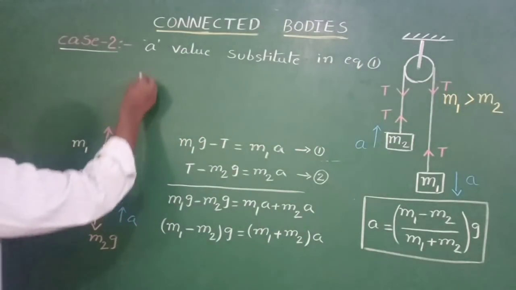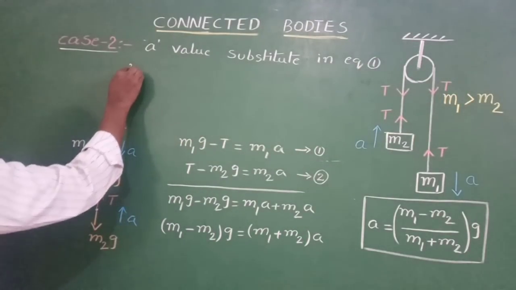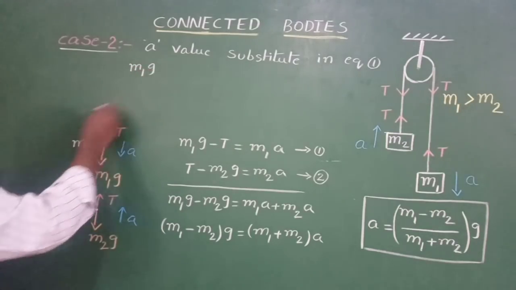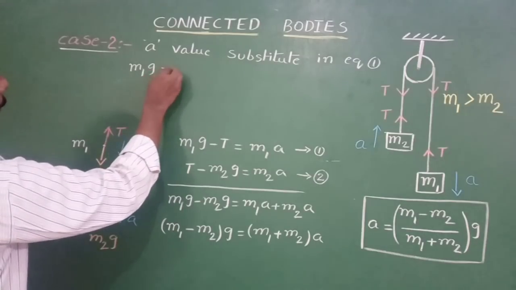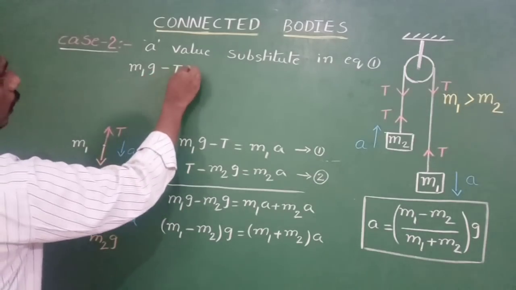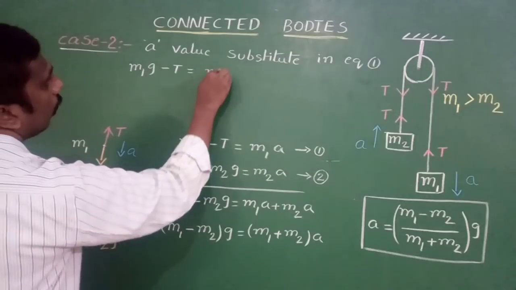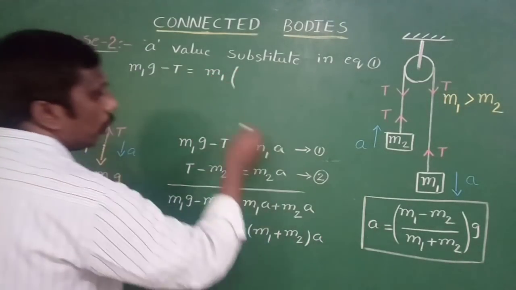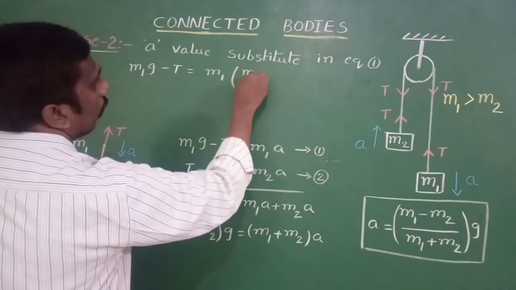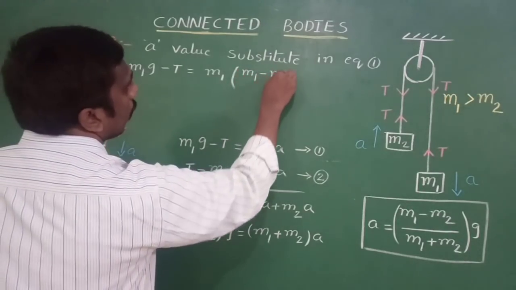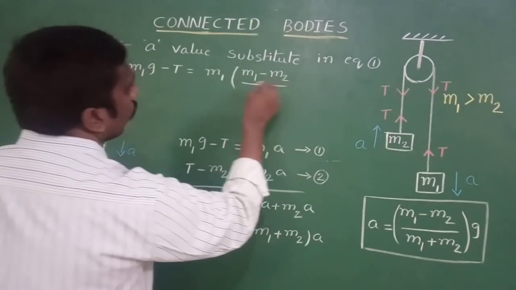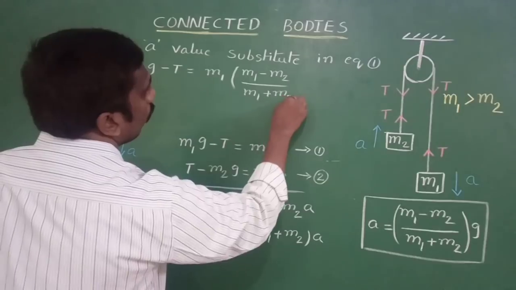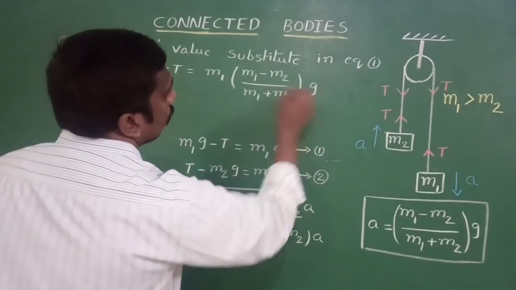After substitution, we get m1 into g minus tension T is equal to m1 into a, which is m1 minus m2 by m1 plus m2 into g.